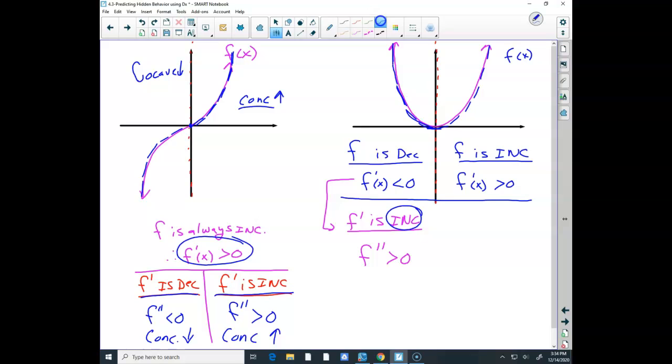So when I'm going from a less positive number to a more positive number for all those slopes, that's showing on this side f prime is also increasing, which would actually mean the second derivative, or f double prime, also has to be greater than 0 because f is increasing. Therefore, the second derivative would be greater than 0.